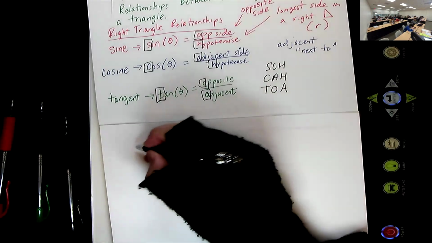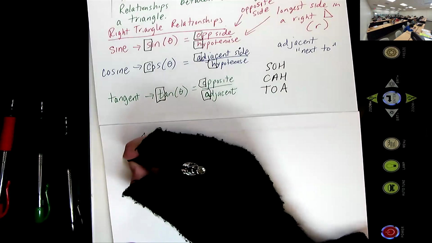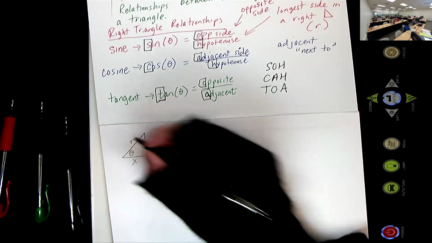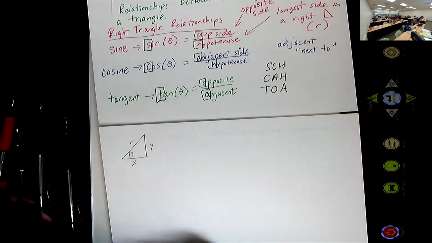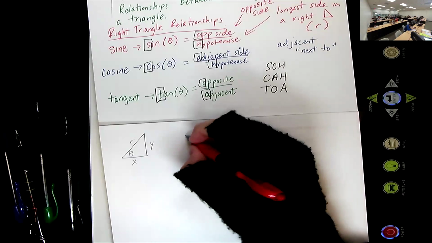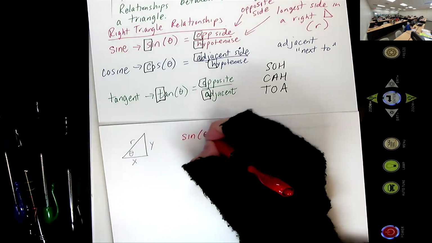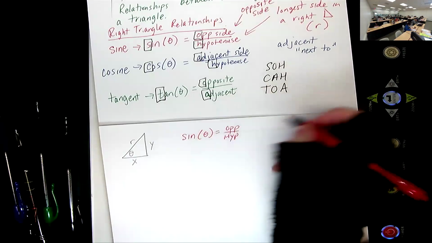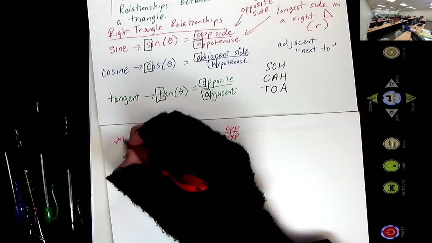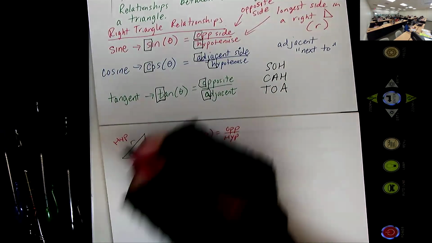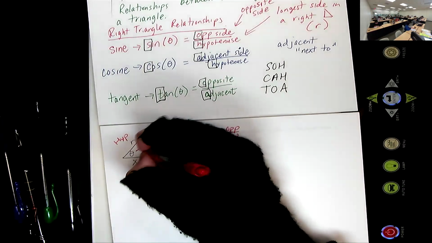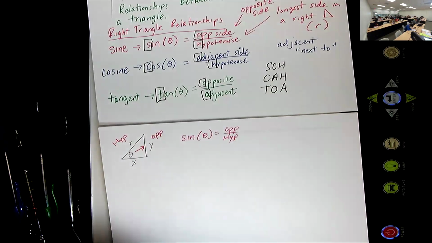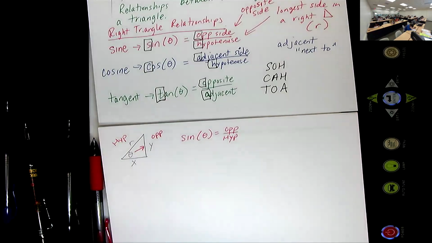So let's look at that triangle again and figure out what these things are. Sine of theta is opposite over hypotenuse. This side here is the hypotenuse. This side is opposite of that angle. And there are two sides that are next to the angle.